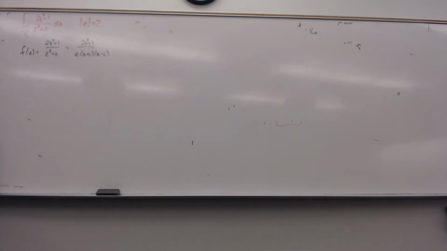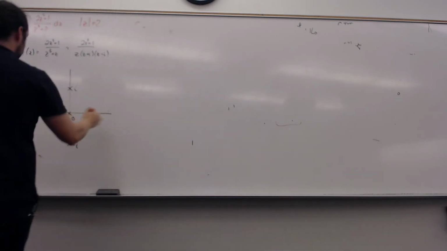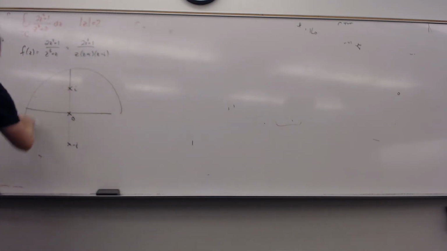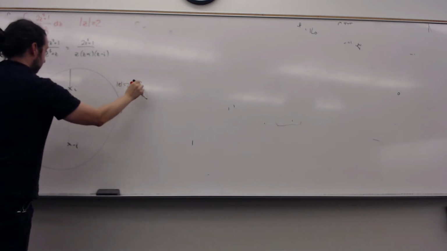So this function has 3 singularities, and all 3 of them are inside that circle: 0, i, and −i. And the circle looks like this. Let's call that C.